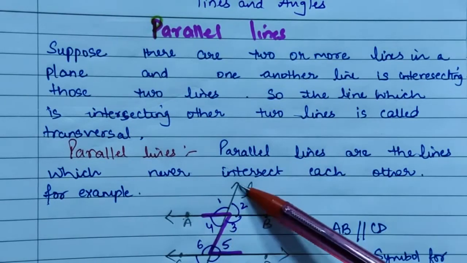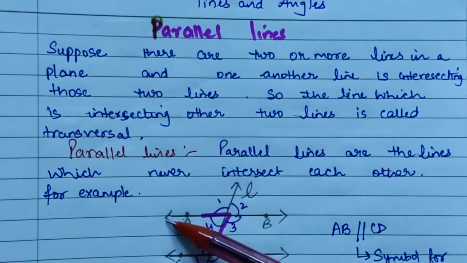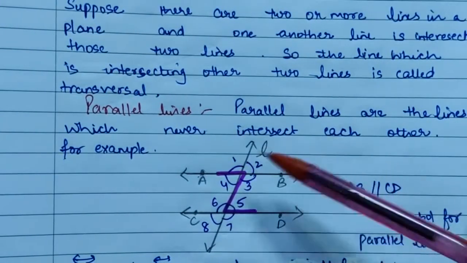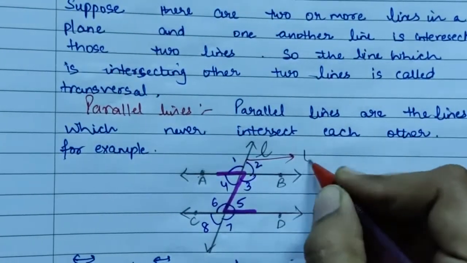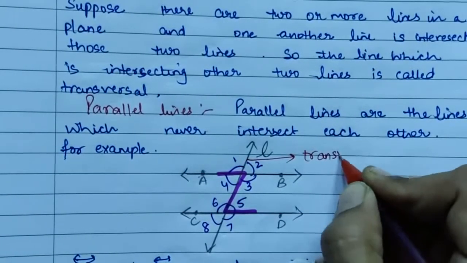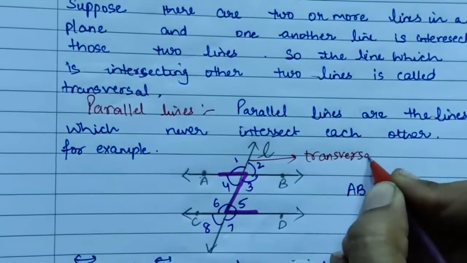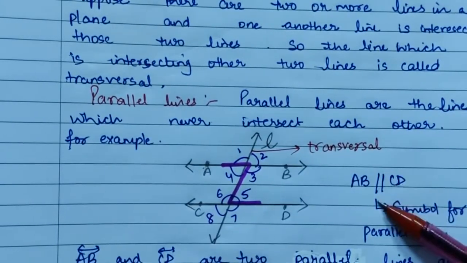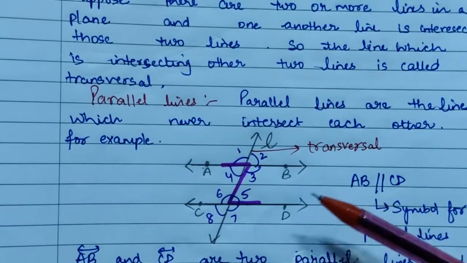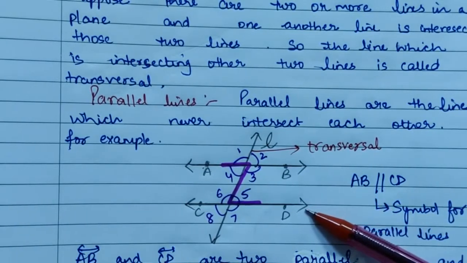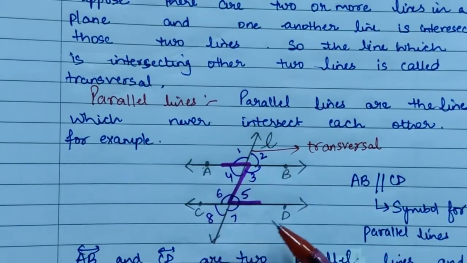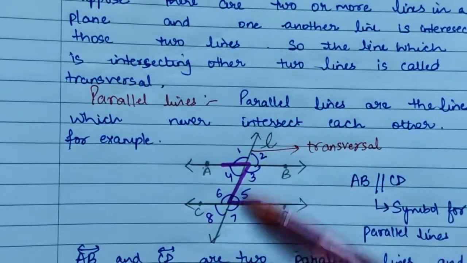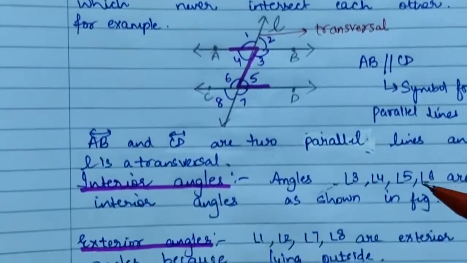And if a line is intersecting these two parallel lines, that line is given a special name, called a transversal. Clear? We use this symbol for parallel lines. So here, if the two lines are parallel, we will write that AB is parallel to CD and L is a transversal.